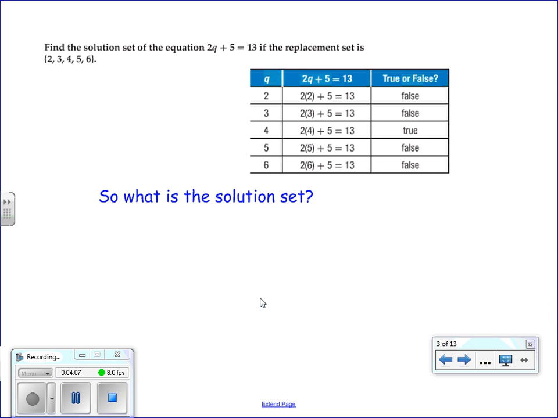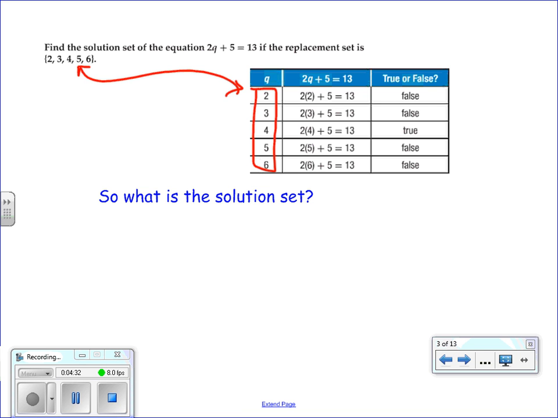Here's an example. Find the solution set of the equation 2 cubed plus 5 equals 13, if the replacement set is 2, 3, 4, 5, and 6. This is our replacement set right here. They put it into a table and tested each one in the equation.